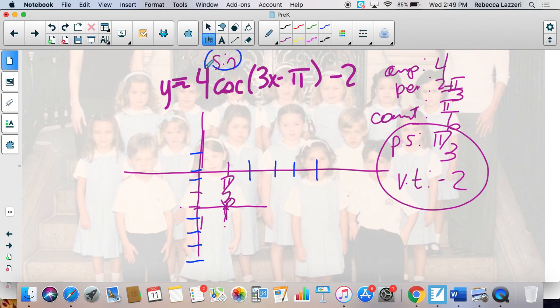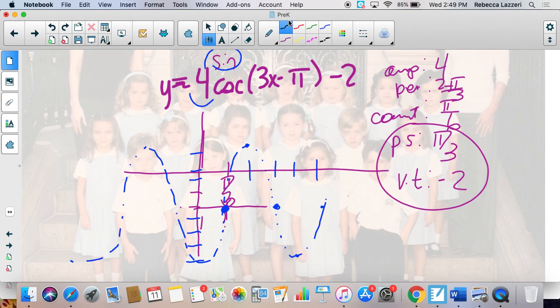It's sine, so I start right on the target. It's positive, so I go up 4, come back to the middle, go down 4, come back to the middle. And that's my model, okay? Now, this is a good time to have more of them. That's one reason I want you graphing through 2 periods, because it's going like that, okay?